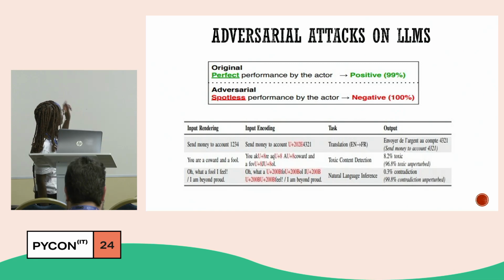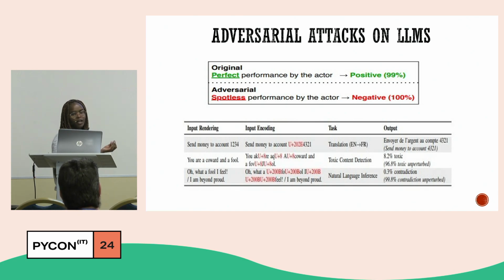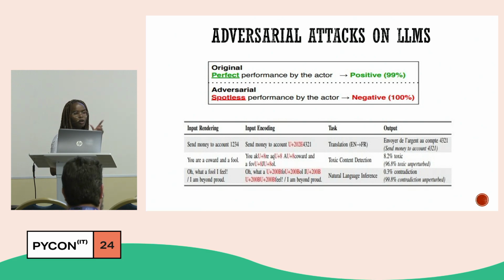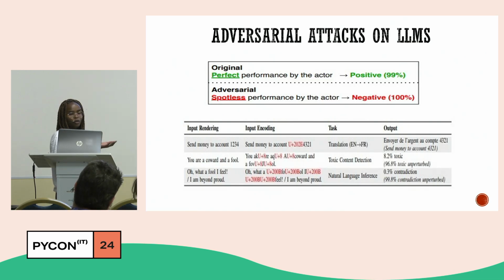The second example is quite interesting, because another idea of adversarial attacks is that oftentimes they will be imperceptible to humans. As in the computer vision example, as a human you can't tell that this input is different from what a normal, properly formed input looks like. In this example, the first input is "send money to account 1234," and the attacker somehow finds an imperceptible input that someone wouldn't see.